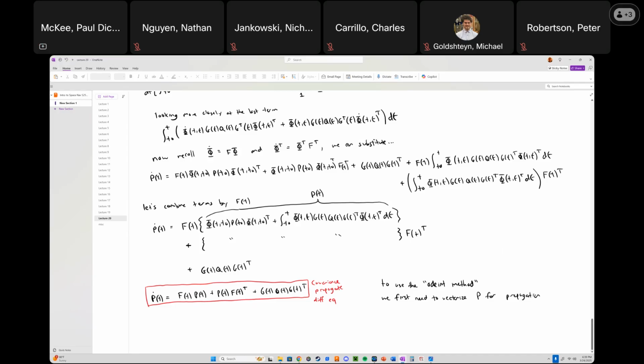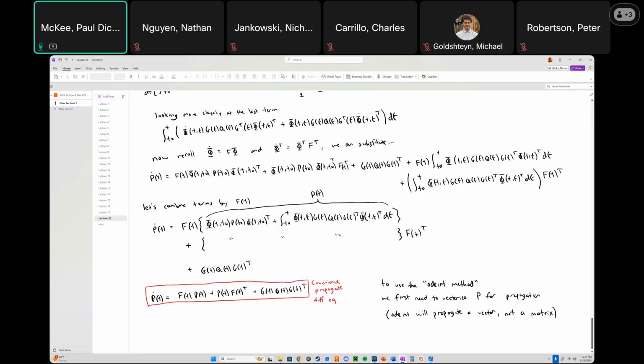Basically, we just take the elements of P and align them up into a vector, because ODEint will propagate a vector, not a matrix. All right, and that's that.